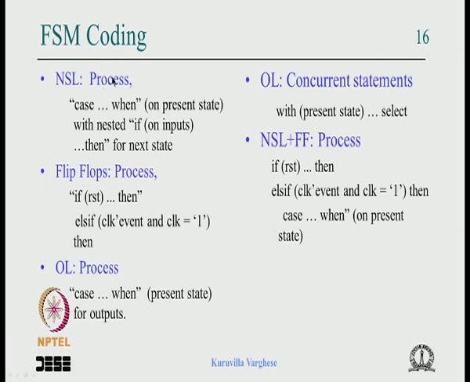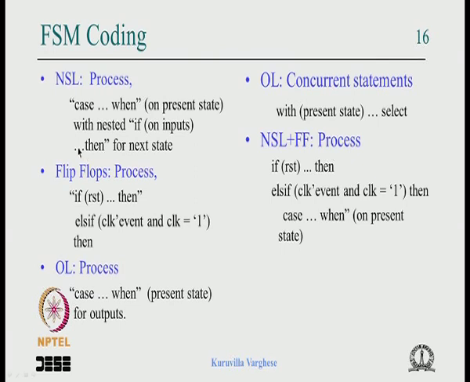And when you look at the state diagram, for a particular state all the inputs are not valid. You are in a particular state, then you say if a particular input is 1, go to the next state, and so on, and this has to happen for all the states.